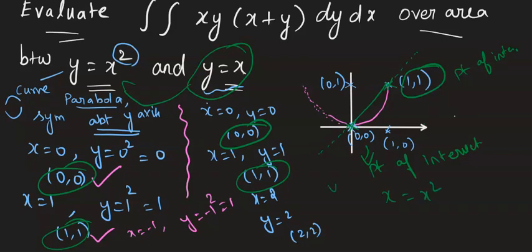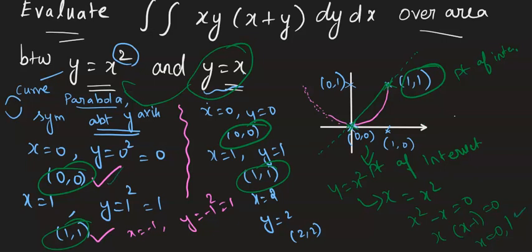In y equals x square, if I substitute x in the place of y, I will get x equals x square. x square minus x equals 0. If you take x common, you will get x as 0 or 1. When x is 0, you substitute in any one of the equations and automatically you will get y also 0.